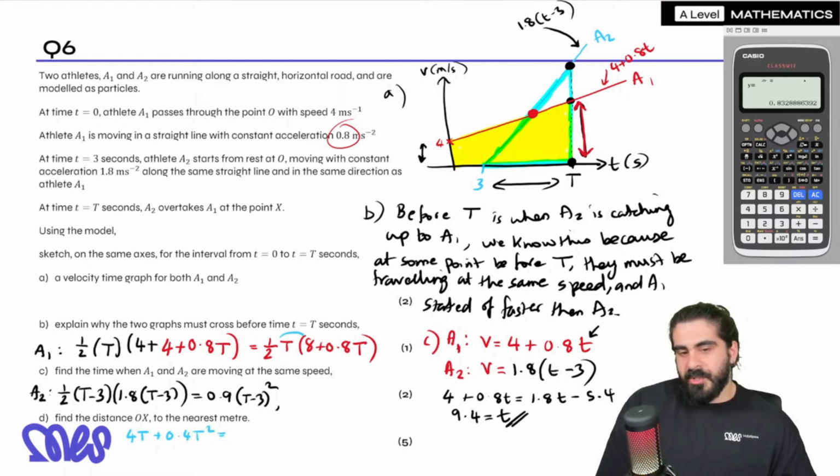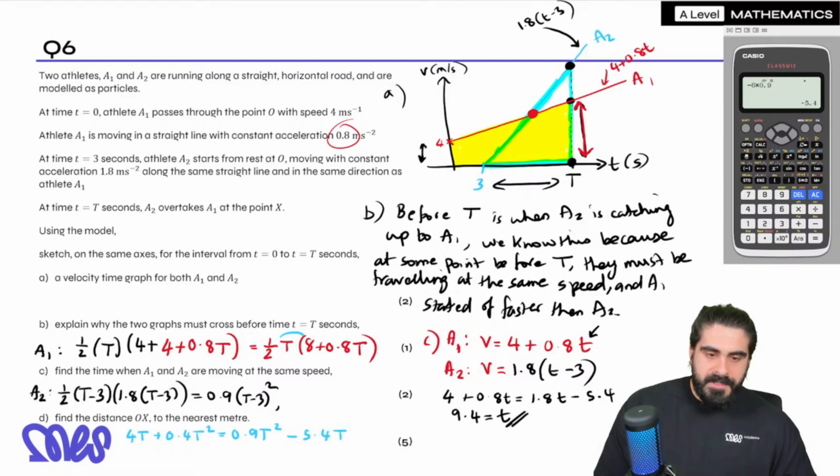Let's expand A2 at the same time, so it'll be t squared times 0.9. T times minus 3 is minus 3t, double that is minus 6t, then times that by 0.9: minus 6 times 0.9 is minus 5.4t. Then we have plus 9 times 0.9, which is 8.1.